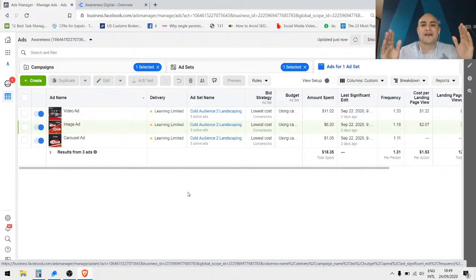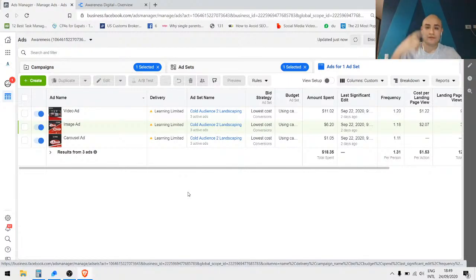Because Facebook says, okay, Awareness Digital wants us to run a conversion campaign, right? And so Facebook goes, okay, what is a conversion for Awareness Digital? A conversion for us is when they go to our thank you page, meaning they filled out our form.